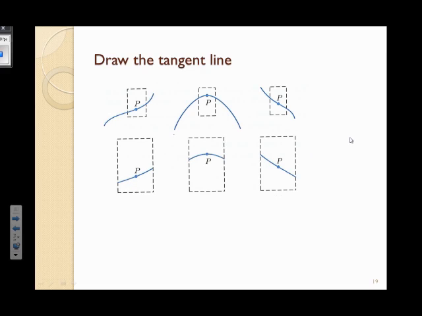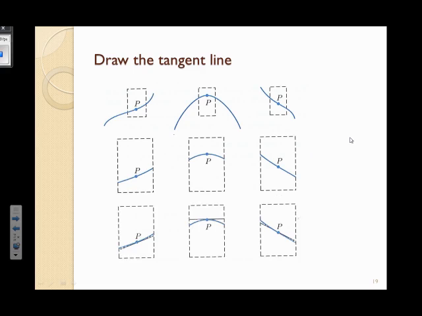It touches the curve at that one point and only that one point. So what we can do, as you can see here, in the third row, if we have, again, the curve, a point P, the tangent line, in the first case here, the tangent line touches just at this point, and it's all underneath of the curve.